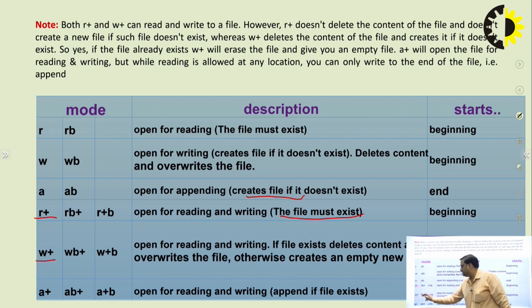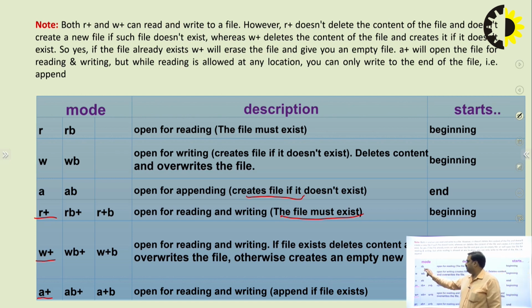W plus means writing is major, so you are allowed to do writing and reading, but the properties of write mode will be followed. A plus means it is available for reading and writing, but the properties of append will be followed, like it will start from the end.